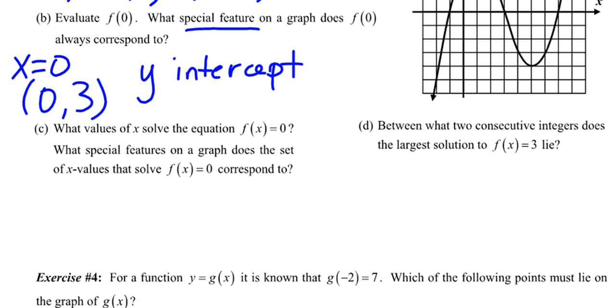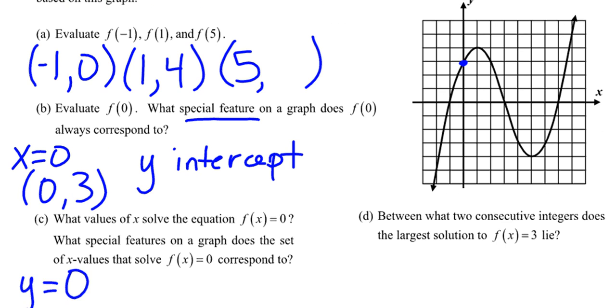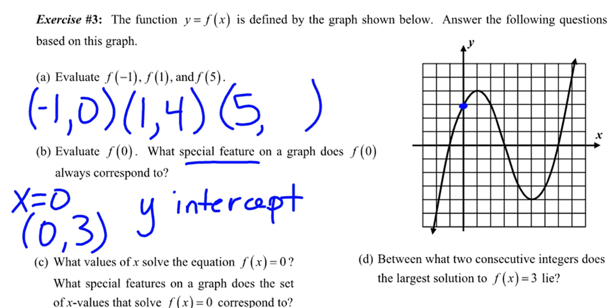For letter C, what values of x solve the equation f of x equals 0? So that is for when is y equal to 0. So on the graph, when y equals 0, that's your x-axis. Well, it hits it 2 times. It hits it right here.